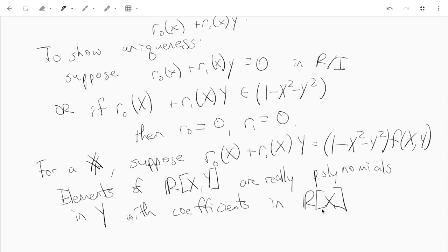So now the coefficients are not just real numbers, they're polynomials as well, but just in x. And as such, we can look at the y degree, which is just the highest y term in a given expression.